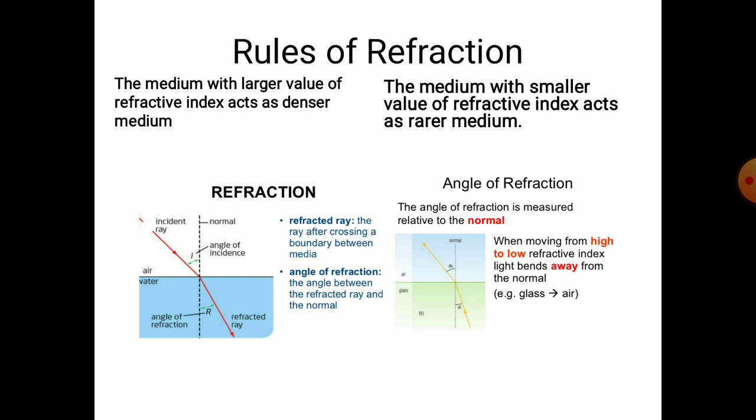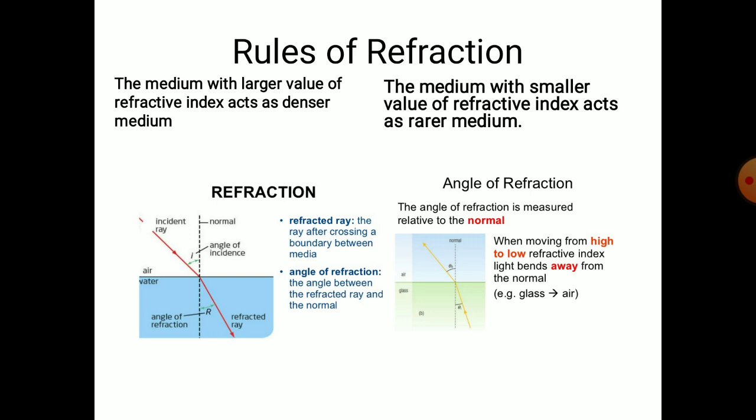And when a ray of light traveling in a denser medium enters into a rarer medium, it bends away from the normal. That is, the speed of light will increase when it travels from a denser medium to a rarer medium. At the same time, the angle of refraction will be greater than the angle of incidence.